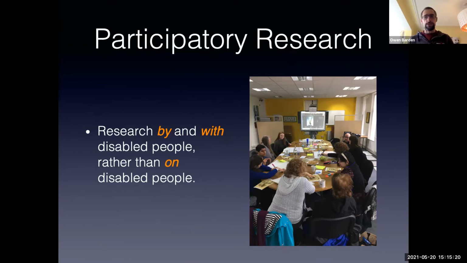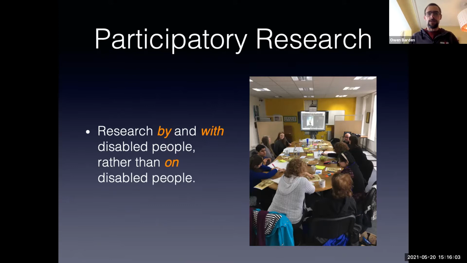So the difference really with participatory research is that it is about collaboration, about learning disabled and non-disabled people working together to set the agenda and undertake all the various aspects of the research. From a disability studies point of view, perhaps it's a desirable way to do research because it puts disabled people's opinions and knowledge and skills front and center rather than the academics.